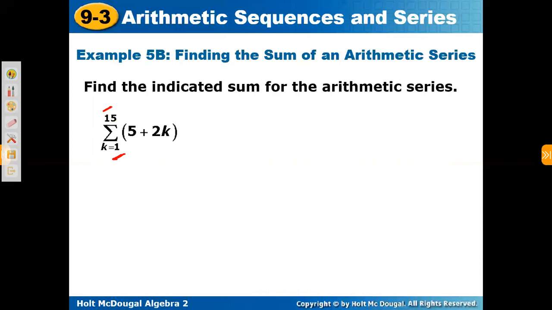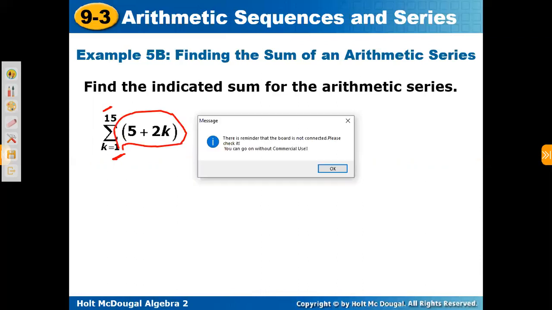And this one here is basically the formula for my nth term an.